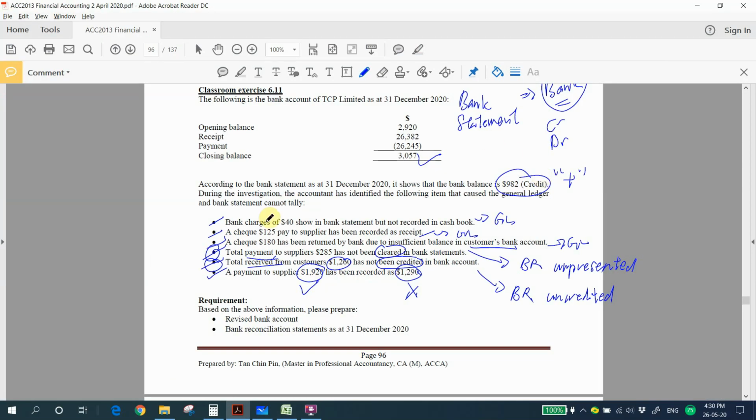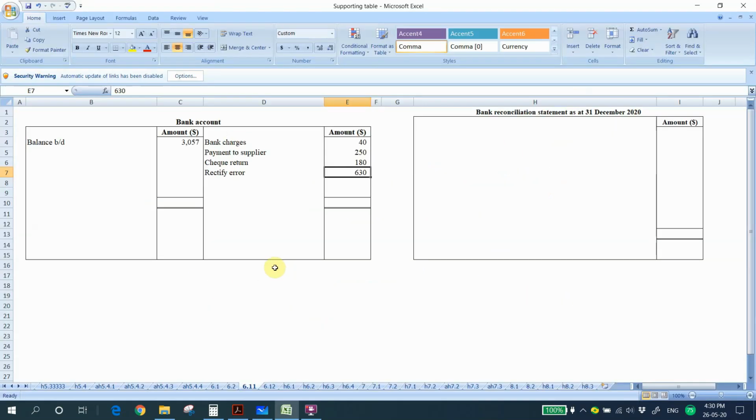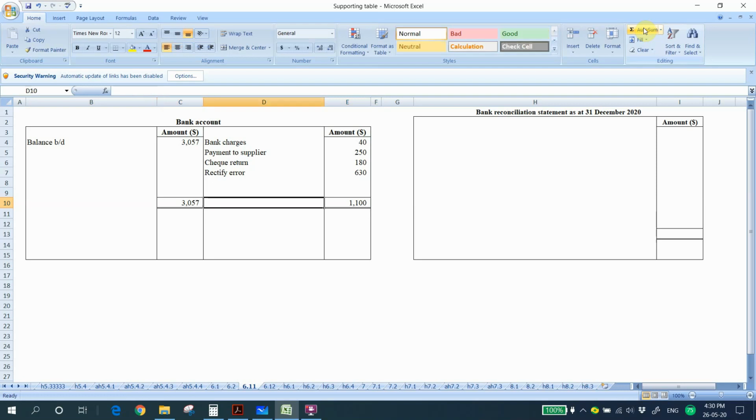So we have completed all the transactions. So the next step that we have to do is the closing. Total credit is 1100, total debit is 3057.